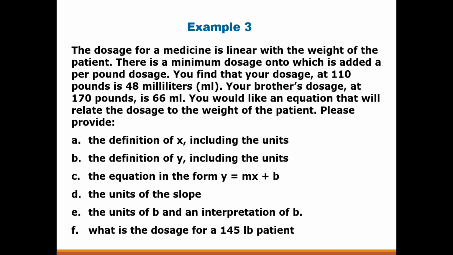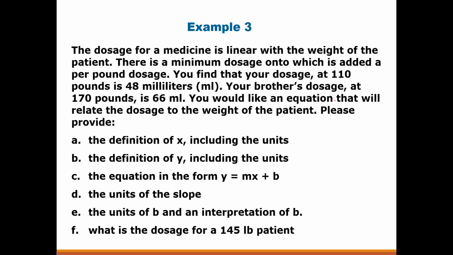We would like to have an equation that will relate the dosage to the weight of the patient, providing the following things: definition of the x, including the unit, definition of the y, including the unit, equation in the form of y equals mx plus b, the units of the slope, and the units of the y-intercept b, and interpretation of the b. And what is the dosage for a 145-pound patient?